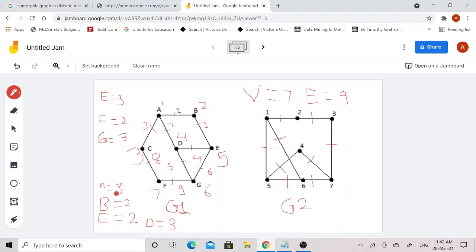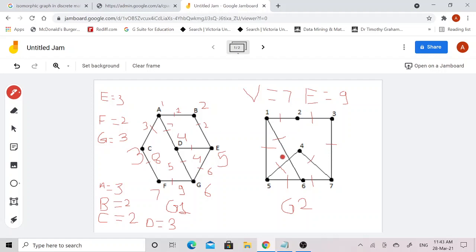So the total number of nodes which contain the degree of vertex 3 is 4, that are A, D, E and G, and there are 3 nodes which contain degree of vertex 2, and these nodes are B, C and F.